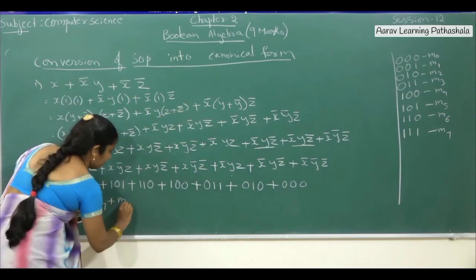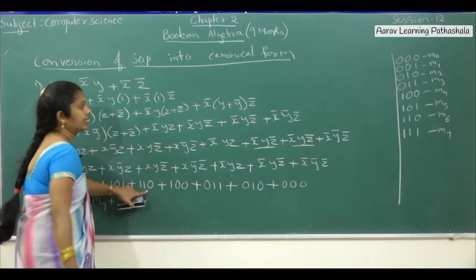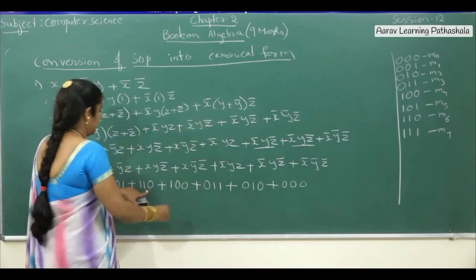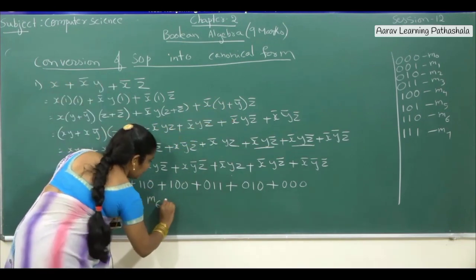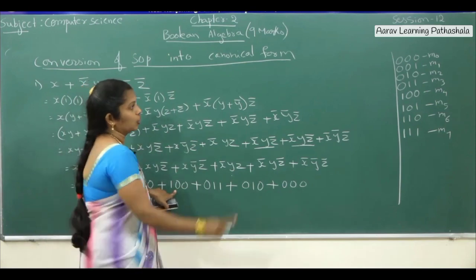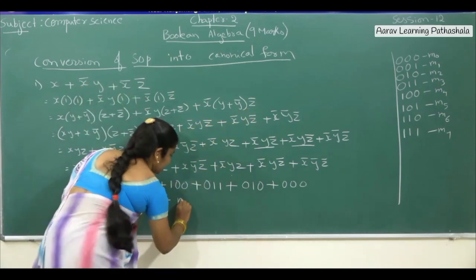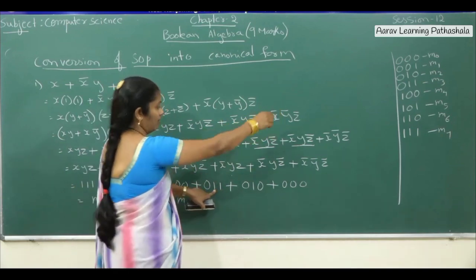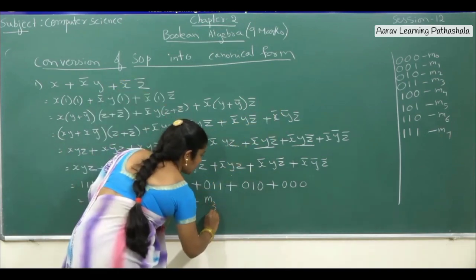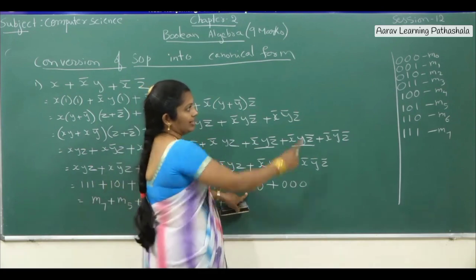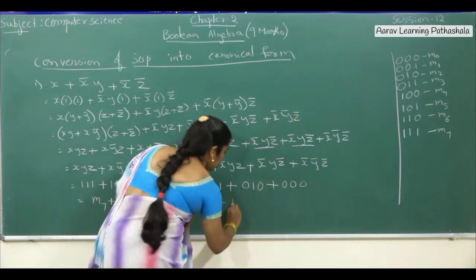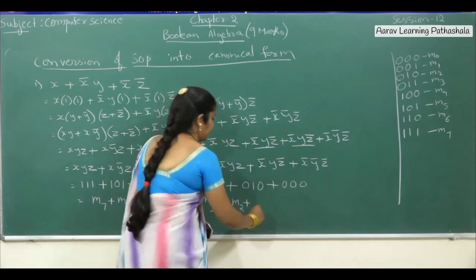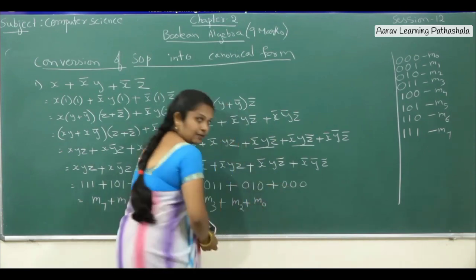Plus double 1 0, that is M6. Plus 1 double 0, that is M4. 0 double 1, M3. 0 1 0, that is M2. Plus finally triple 0, that represents M0.